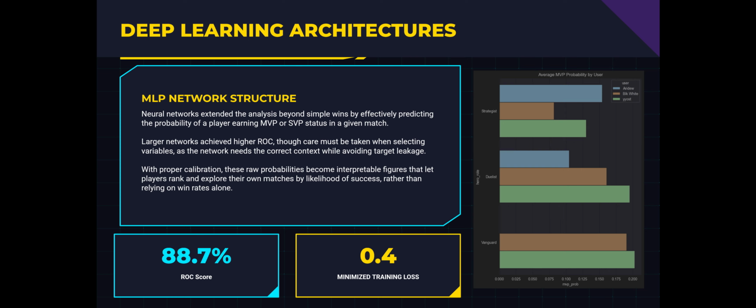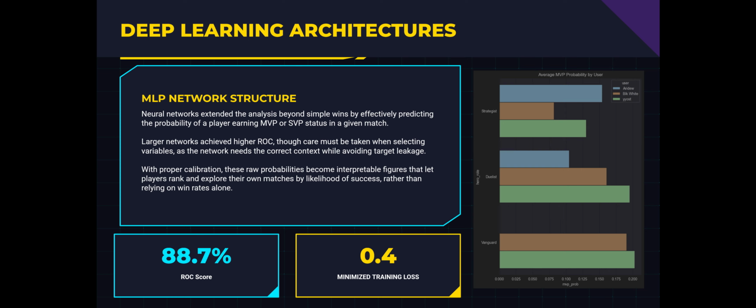For example, a player who had a high probability of getting MVP, even if they didn't actually get the MVP, means that they did pretty well and were probably very close in that assessment. On the flip side, those who have a low probability probably didn't do that well in the game. So it's a great way to have users understand their own statistics beyond just looking at hero win rates.